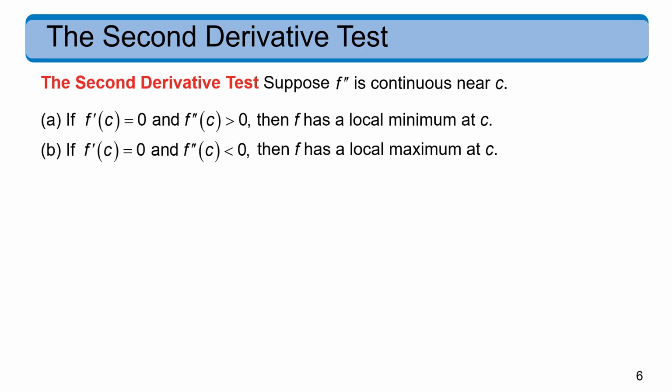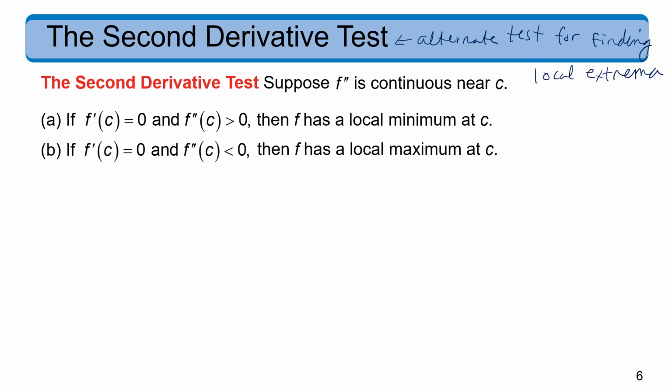And the point of this test is it's just an alternate test for finding local max and min. So this is not a test for finding concavity, even though we're using the second derivative. So alternate test for finding local extrema.